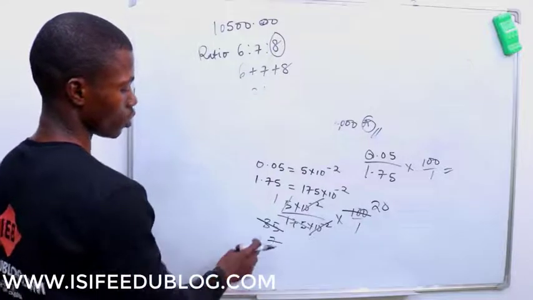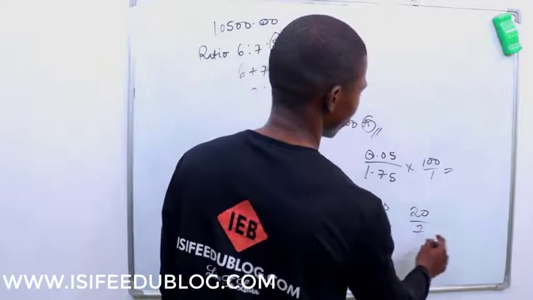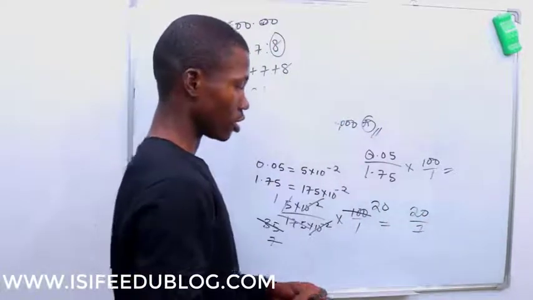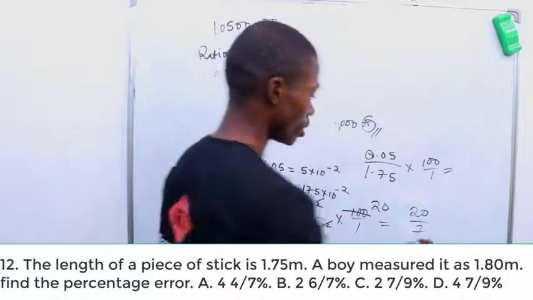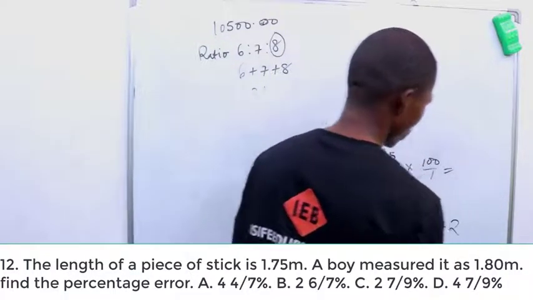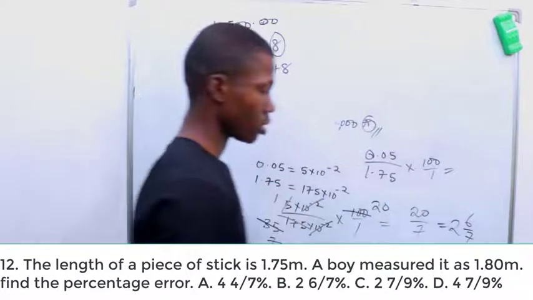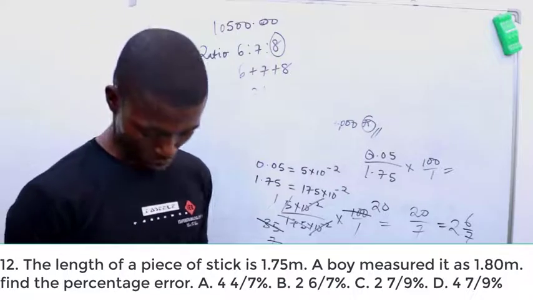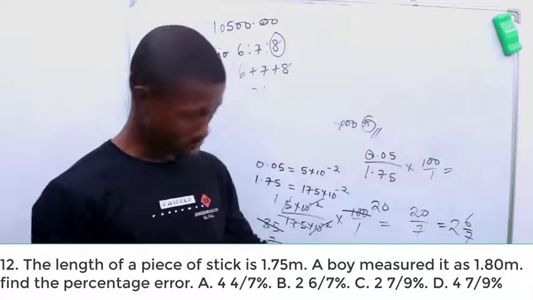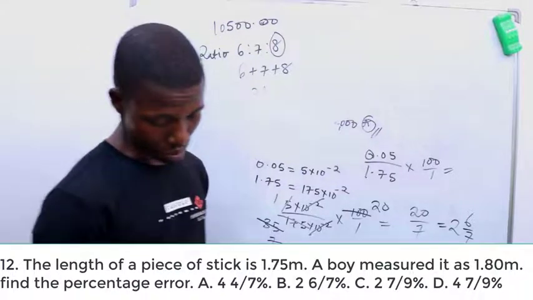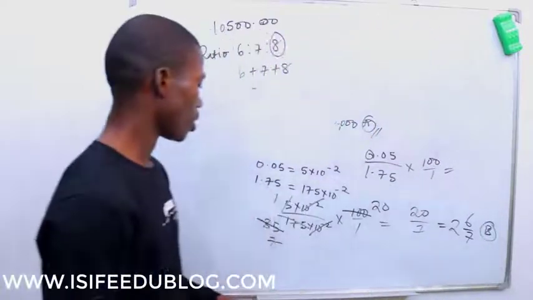So this is 20 over 7. 20 divided by 7 will give us 2 whole number, 14, remainder 6 over 7. And that's our final answer. This is option B.